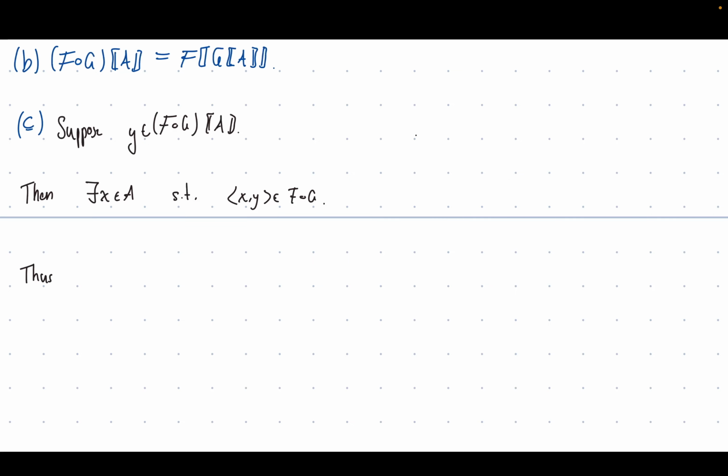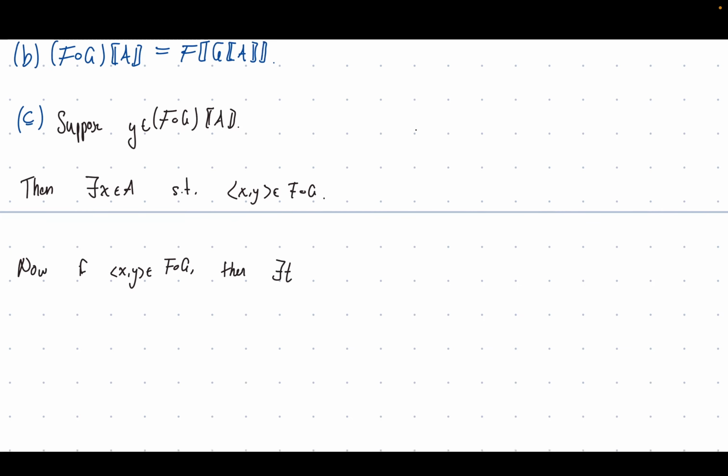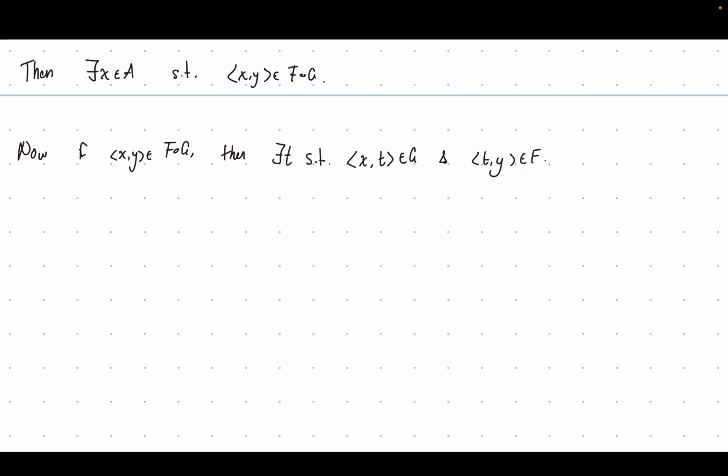Thus, now, if X comma Y is in F compose G, then there exists some T such that X comma T is in G and T comma Y is in F. Right.